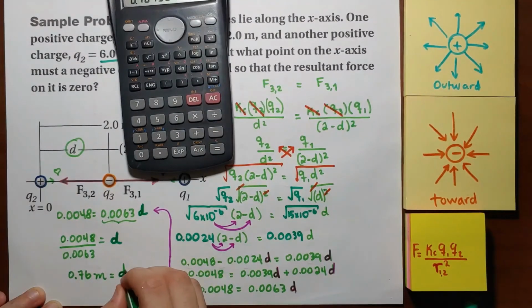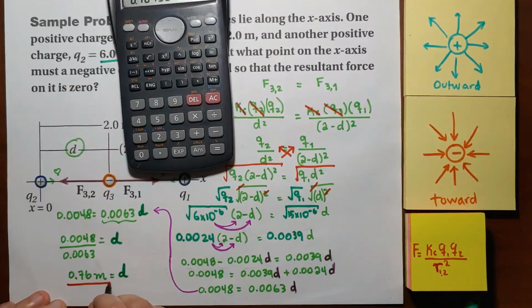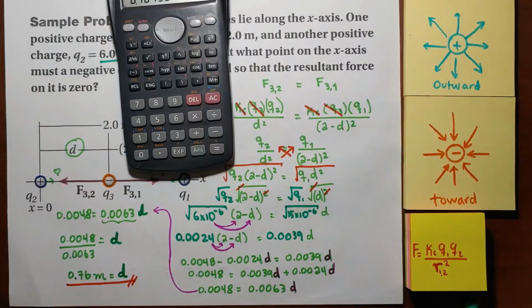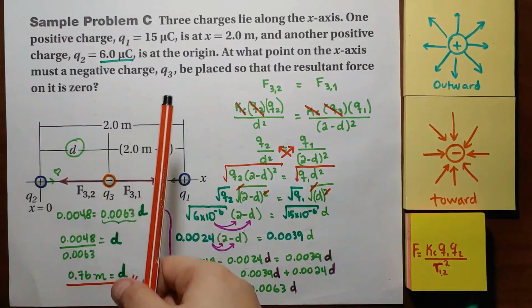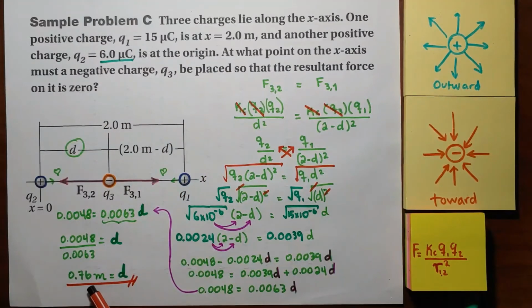And voila, this is it. To answer the question, charge 3 should be placed 0.76 meter from the origin.